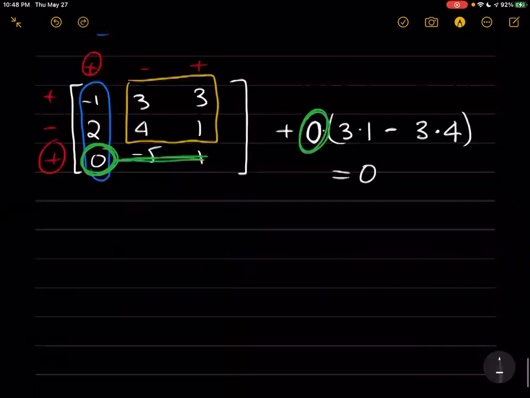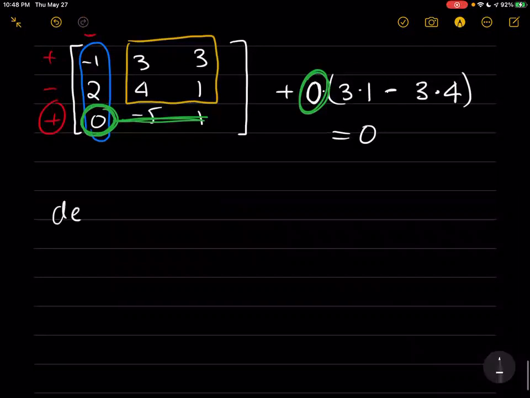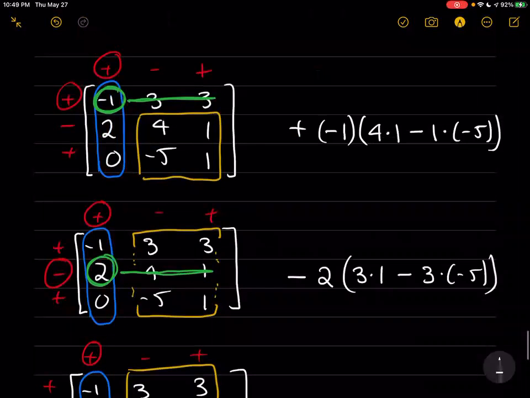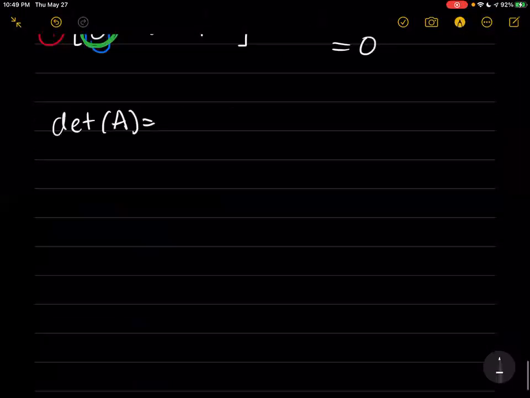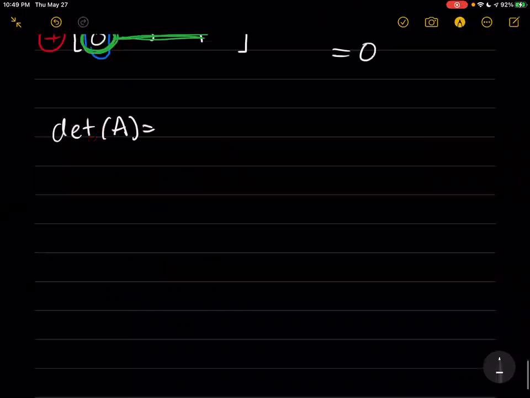So now we just go ahead and add all the things together to finish this off because we want to find the determinant. So the first thing we had was a positive negative 1. So this will be negative 1 times 4 times 1 minus 1 times negative 5.